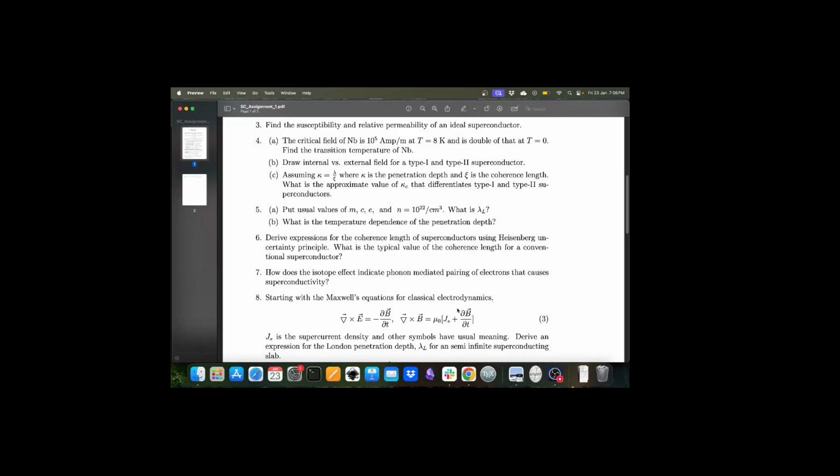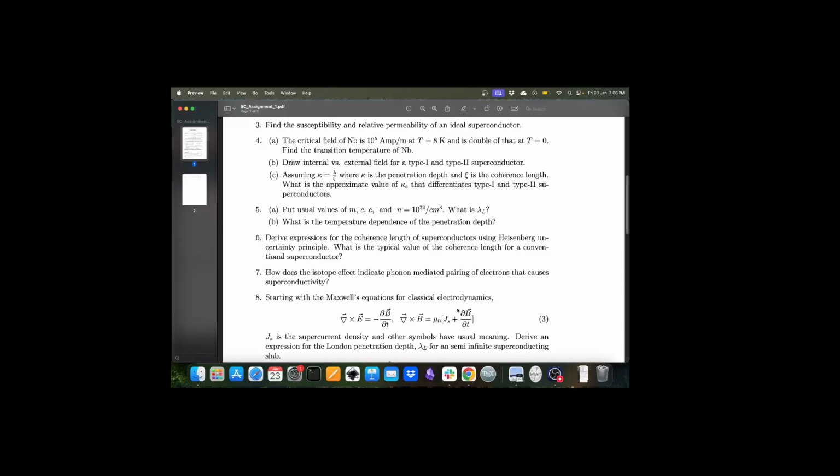And third question is find the susceptibility and relative permeability of an ideal superconductor. So we already found, just a few minutes ago, that chi is just del M by del H, and this is perfectly -1. And what we need to find extra is the relative permeability.